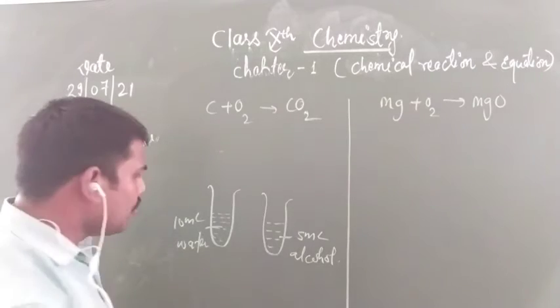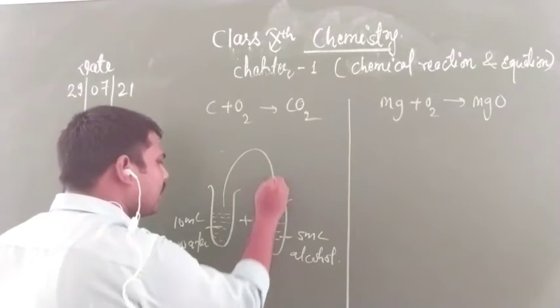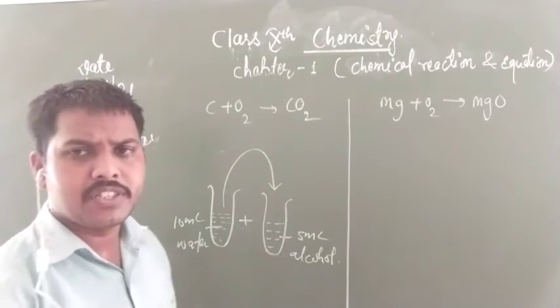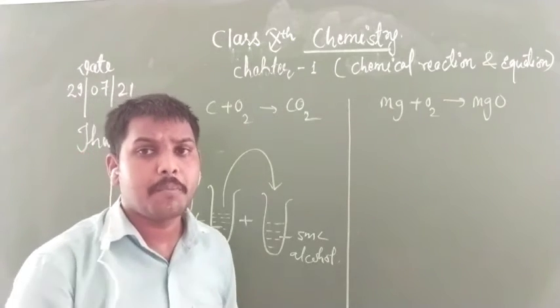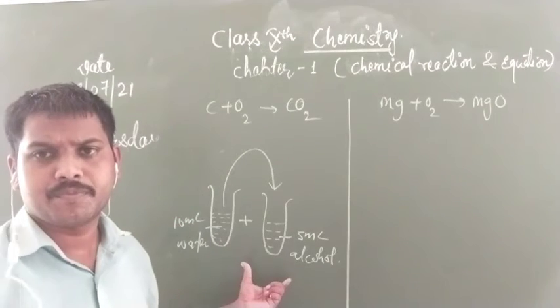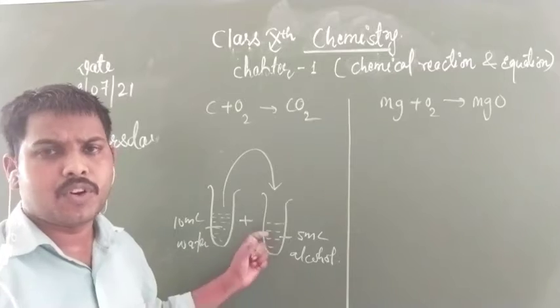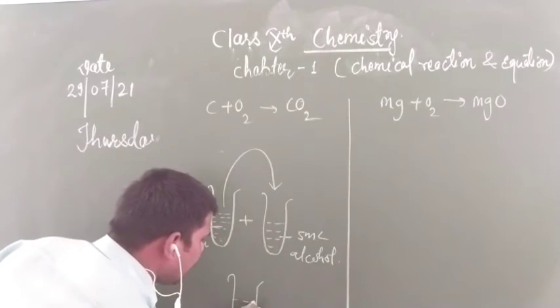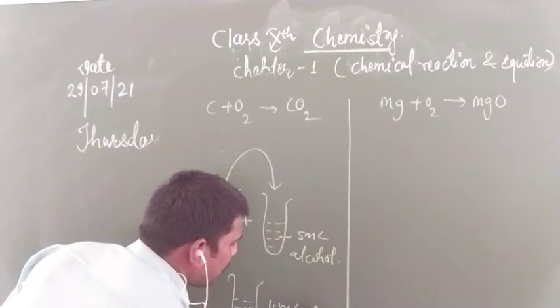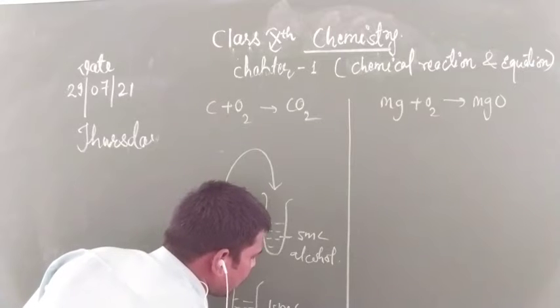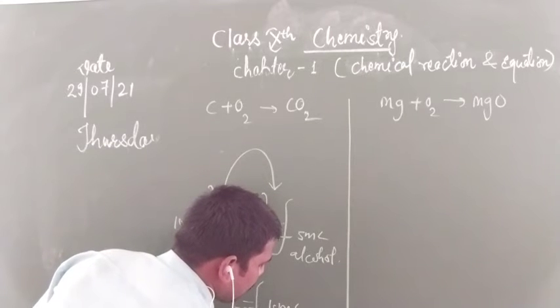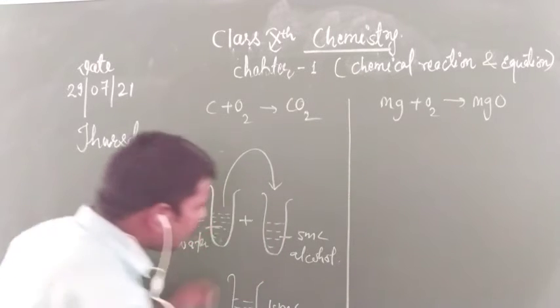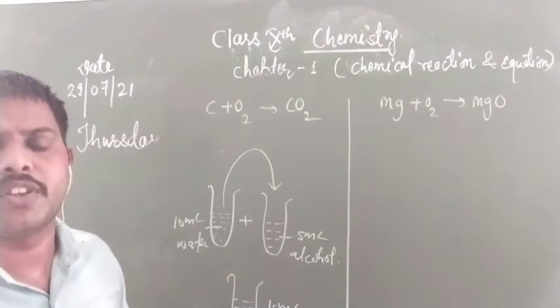When you mix them with each other, what will be the amount of this mixture? You will get 15 ml of the mixture of alcohol plus water. Now try to understand this concept, children.